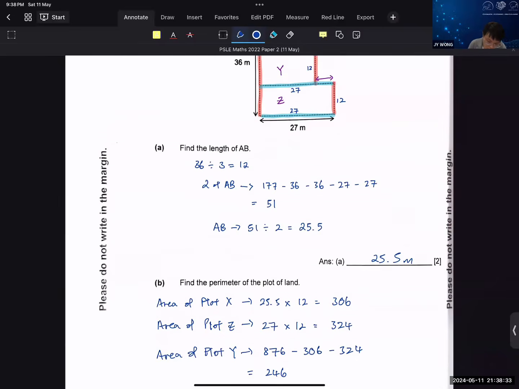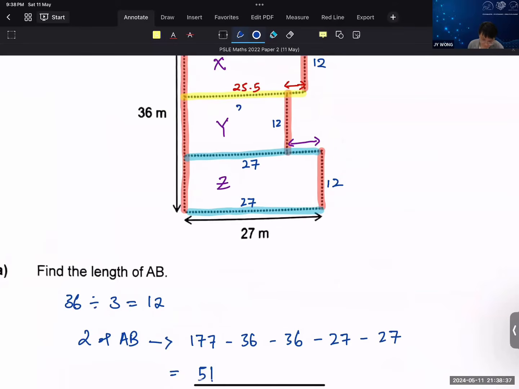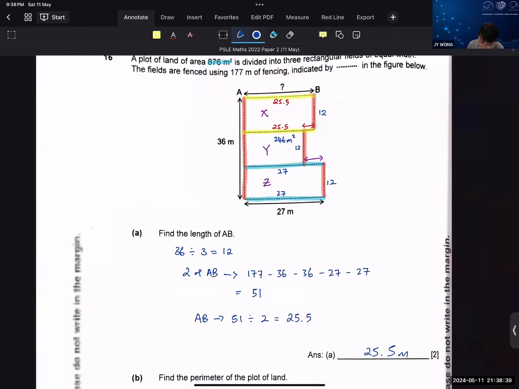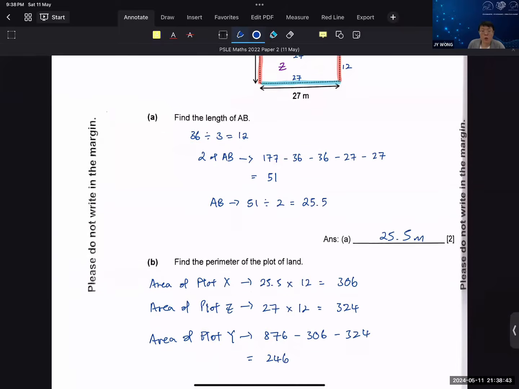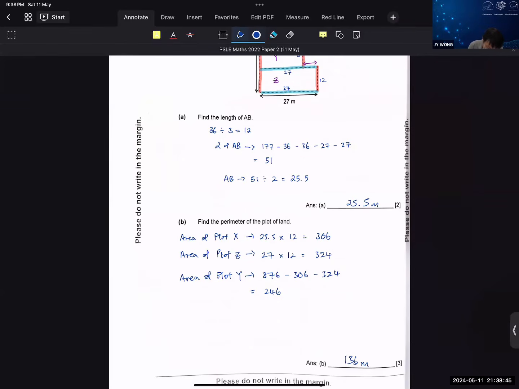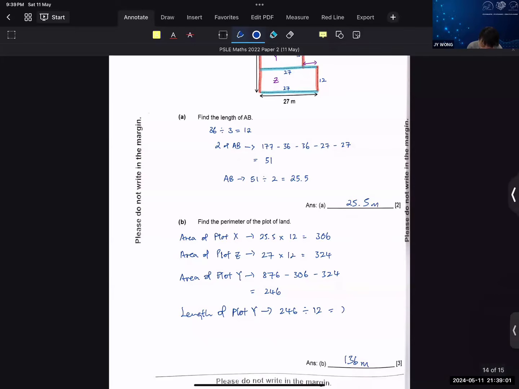And now you know the area of this is 246 meter square. Once you find the area of plot Y, you can now go and find the length of Y. Area divided by breadth, 20.5.